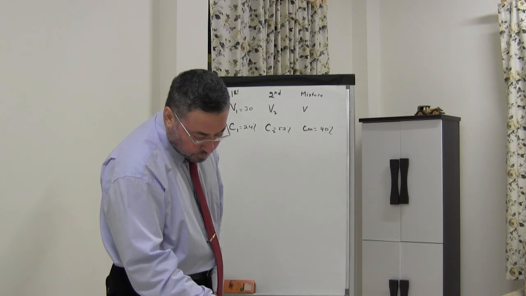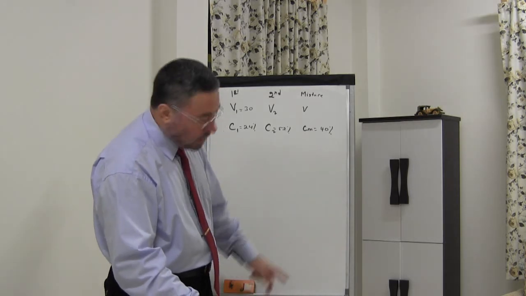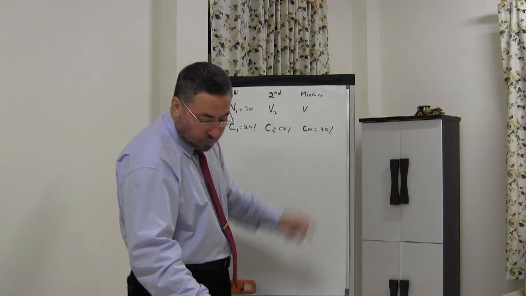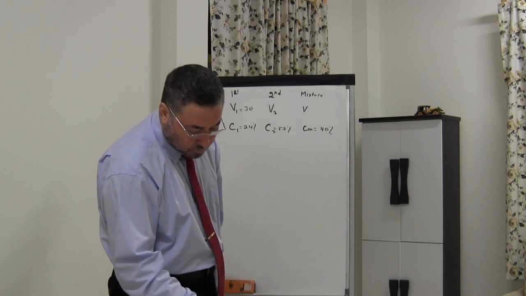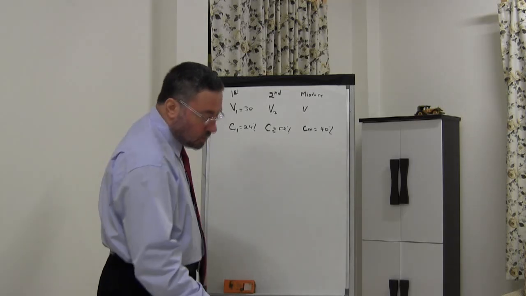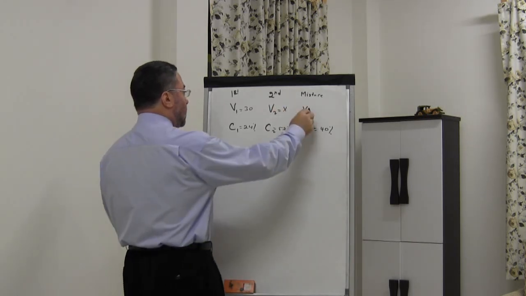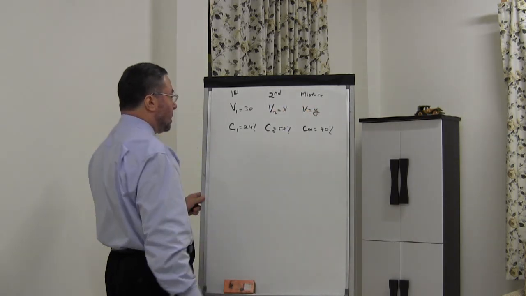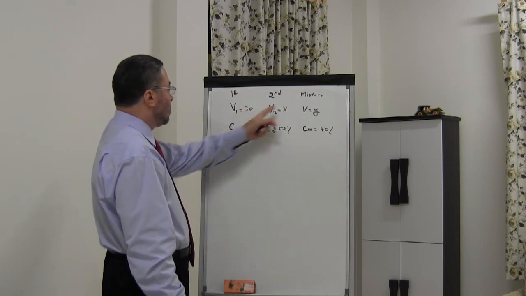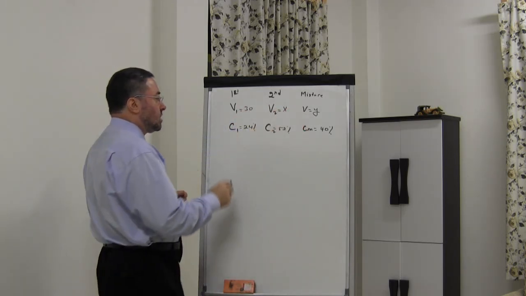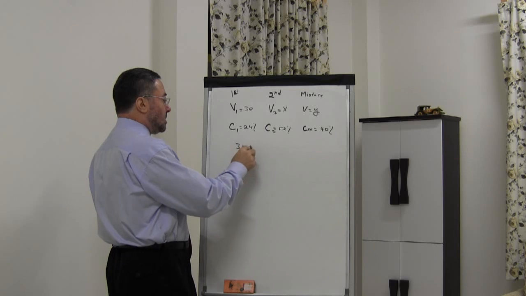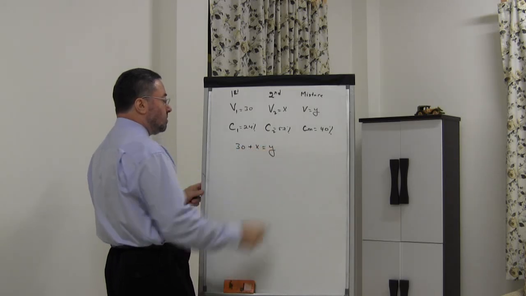We do not have the final volume of the mixture either. But we are asked for this, so let this be x and this be y. Again, we can add these two, and that will give us y, so 30 plus x equals y.